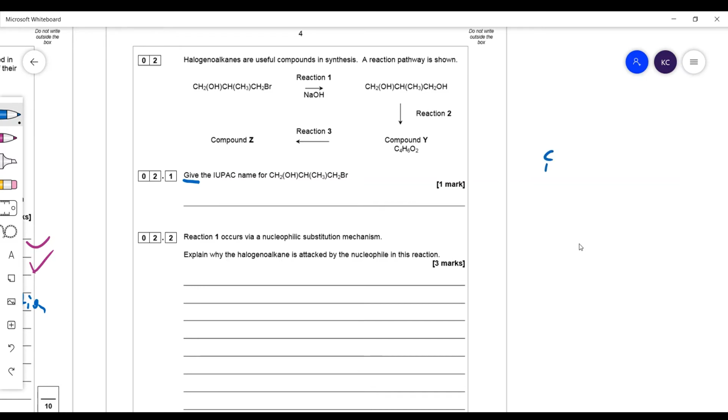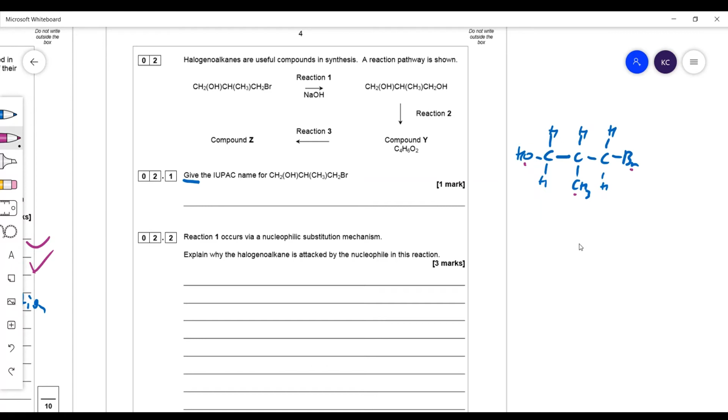So we get CH2OH, and then we have CH3. When it's in brackets, it means that it's a substituent. And then we have CH2Br. And you're supposed to give the IUPAC name. So in this case, they're trying to figure out if you know what is the priority of these substituents.